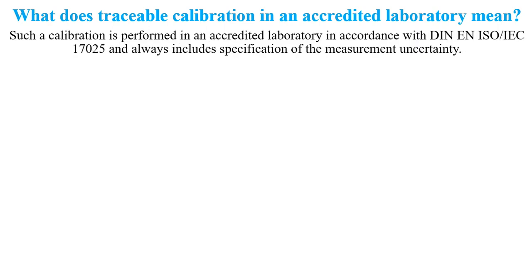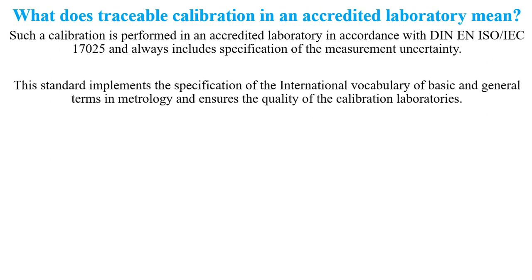So what does traceable calibration in an accredited laboratory mean? Such a calibration is performed in an accredited laboratory in accordance with DIN and ISO IEC 17025 and always includes specification of the measurement uncertainty.